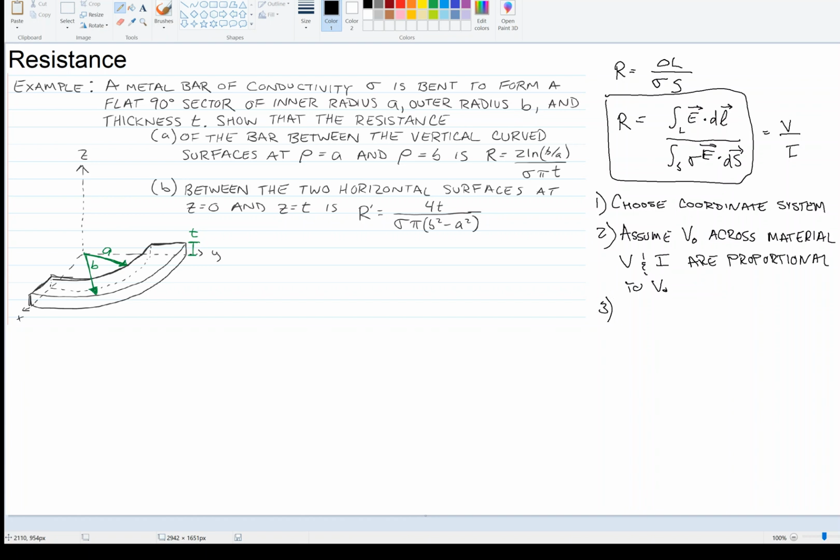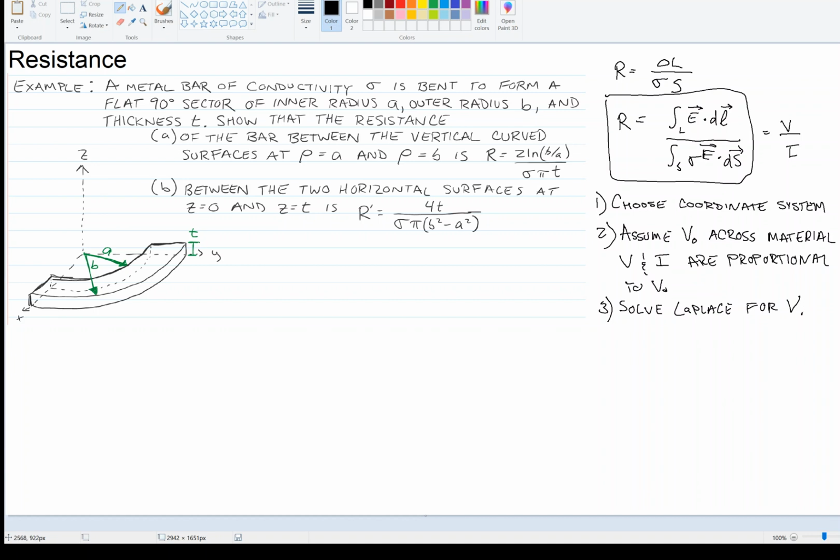Okay, step 3. So we've assumed V0. So with V0, then we have the voltage at one end and the voltage at the other end. And so what we can do then is solve Laplace's equation for the voltage everywhere, the potential difference everywhere in the material.